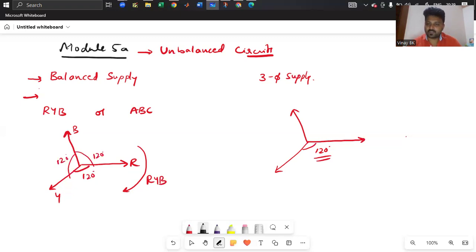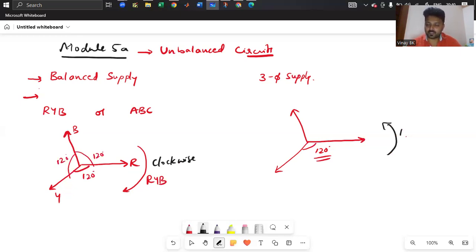For example, if the sequence is in clockwise direction, you can call that positive phase sequence. If the sequences are in anti-clockwise direction, this is called negative phase sequence.